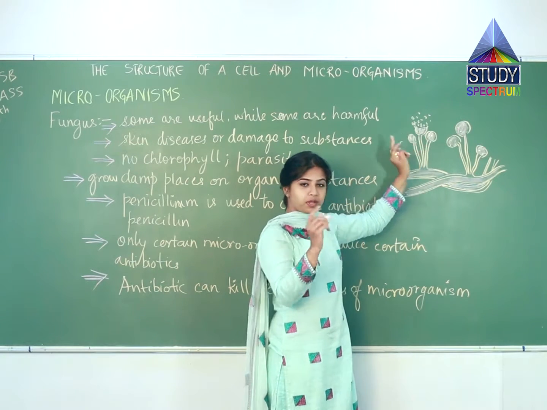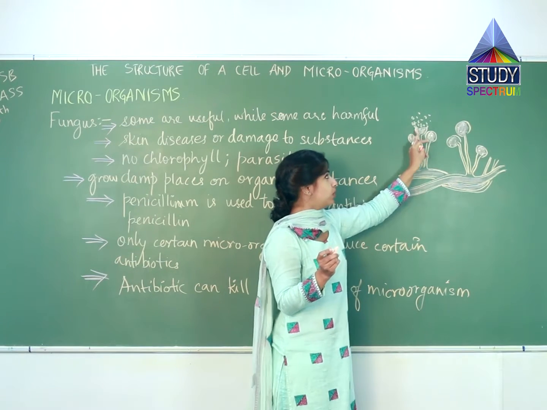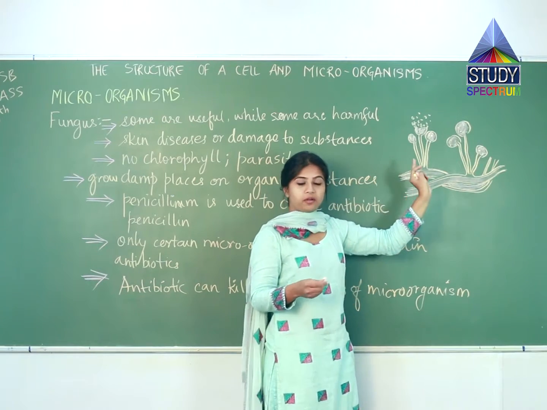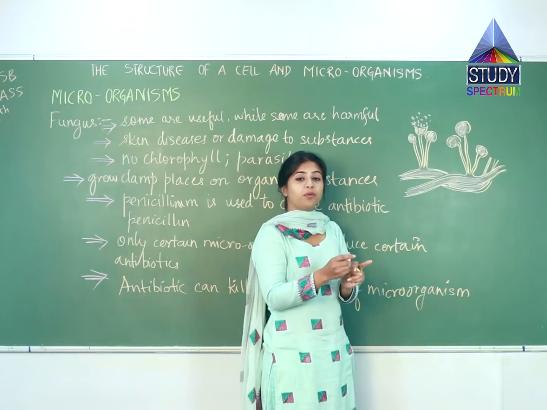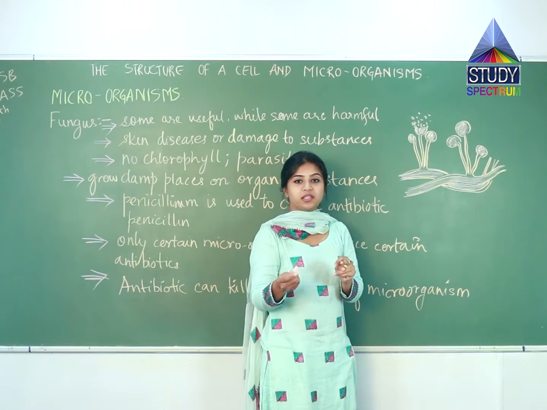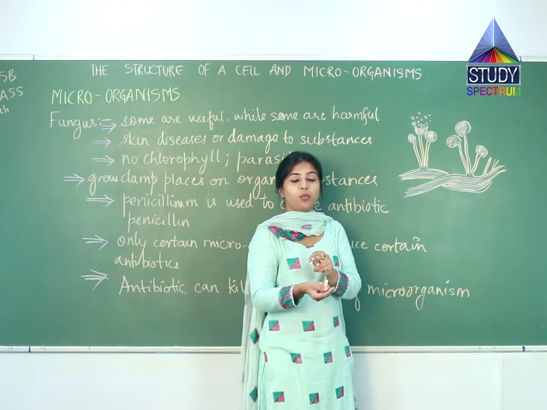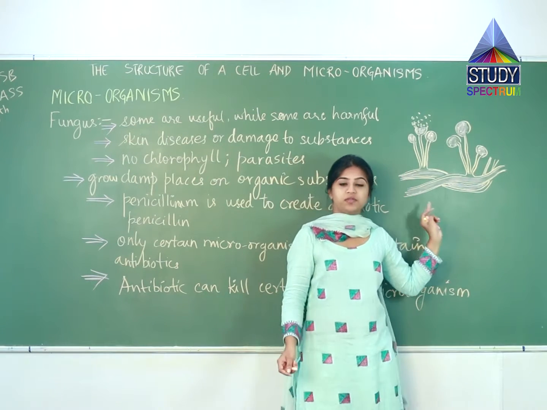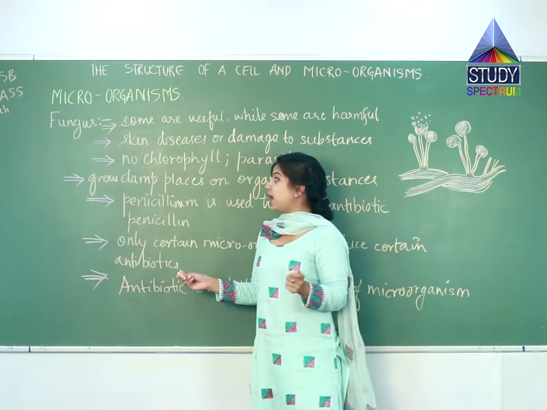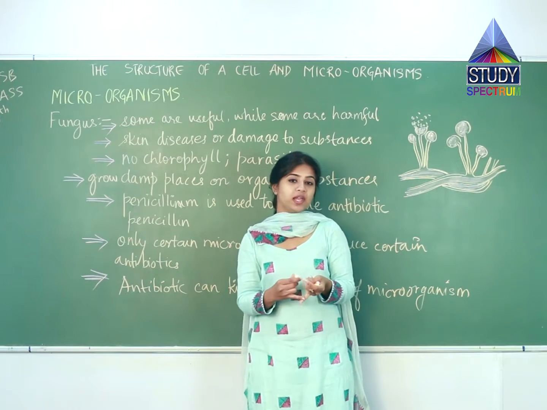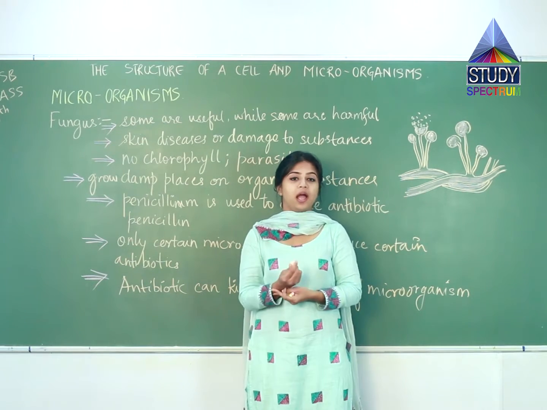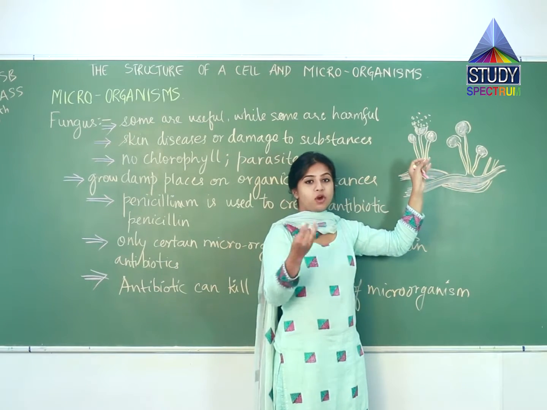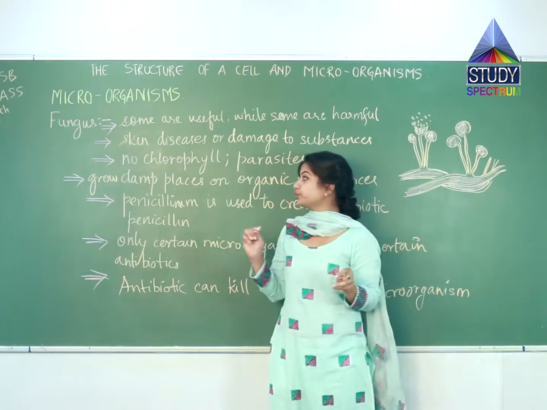When this bursts, a lot of spores are released in the air, which finally propagate in various media, in wet and damp regions. So the structure we've studied was very basic. It had hyphae, it was filamentous, and it had spores in it for the purpose of its propagation.